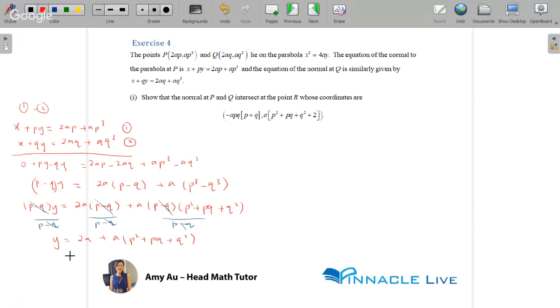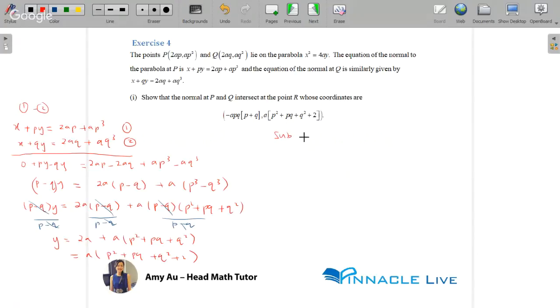Then to get it to look like that, just take out the A. That's it. P squared plus PQ plus Q squared plus 2. All right. So then from here, it should be much easier.